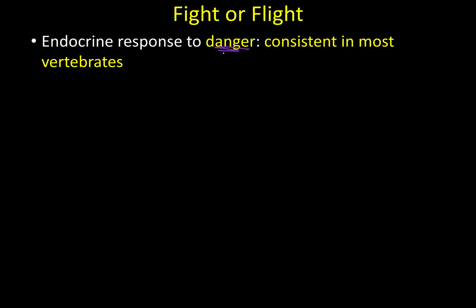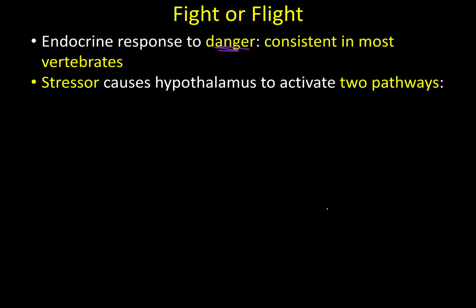Now, this endocrine response to danger is pretty consistent across most vertebrates, and it looks something like this. A stressor, which is your stimulus, a negative stimulus, something bad is happening, causes your hypothalamus to activate two distinctive pathways. Now, these different pathways are going to happen simultaneously.